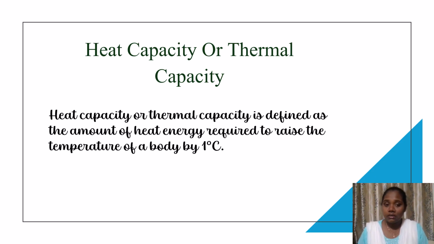Heat capacity or thermal capacity is commonly defined as the amount of heat energy required to raise the temperature of a body by 1 degree Celsius. And the heat capacity is commonly denoted by capital C.